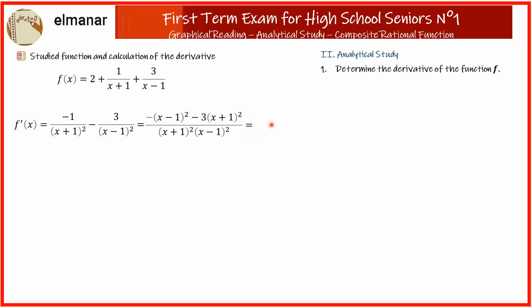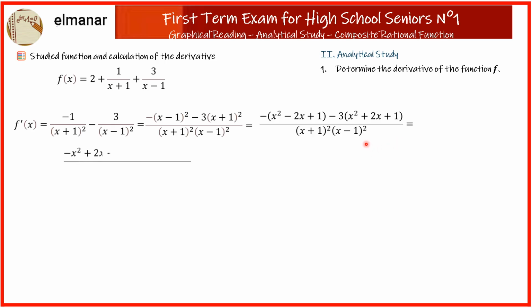Step 3. Expanding and simplifying. (x-1)² gives x² - 2x + 1. (x+1)² gives x² + 2x + 1.